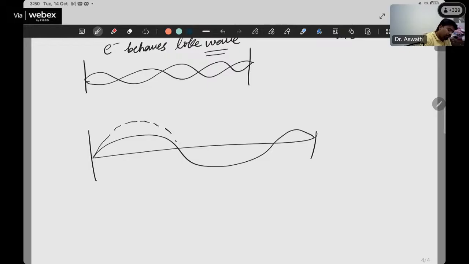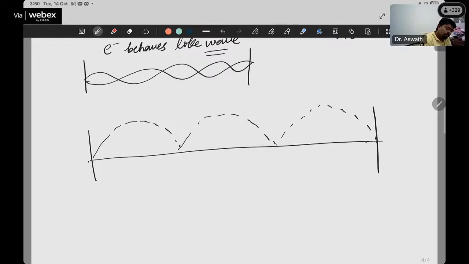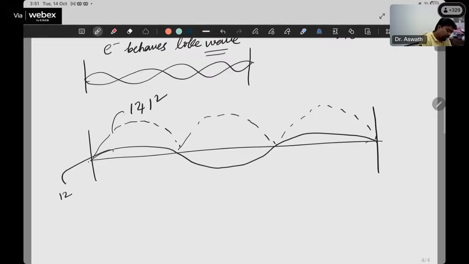And you take the absolute square, and you are going to find where the electron is maximally located. Let me draw it neatly. So this is absolute psi square. This is psi.